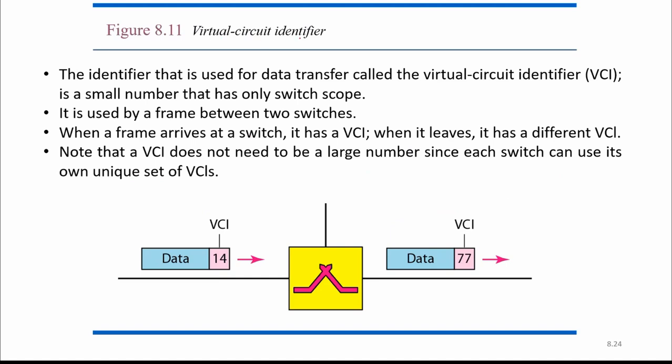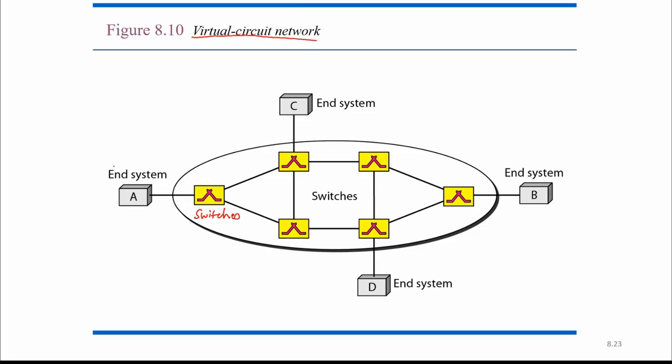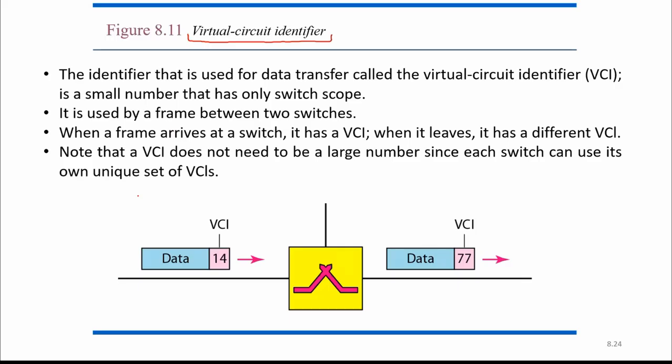The virtual circuit identifier. First of all, when we send data, we send it in the form of packets. This packet will have a virtual circuit identifier. Whenever we send data into the virtual circuit network, along with the data we send a virtual circuit identifier.